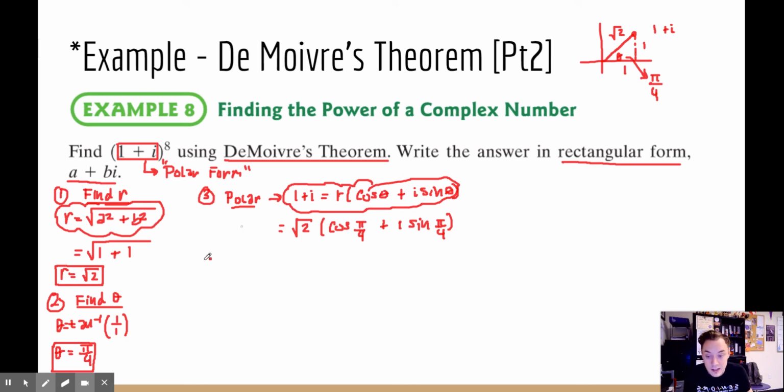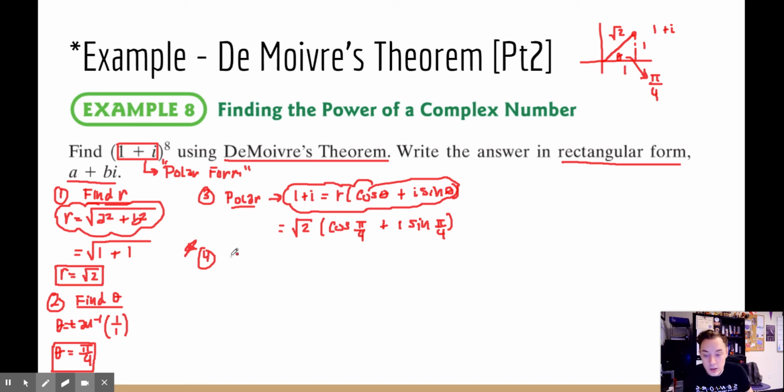Now in polar form, let's do the fourth step. And this is what we started to do in the last slide. So steps 1 through 3, we already did in the first couple slides of this lesson. Step 4 is where we're going to now start the math we learned in the last slide.